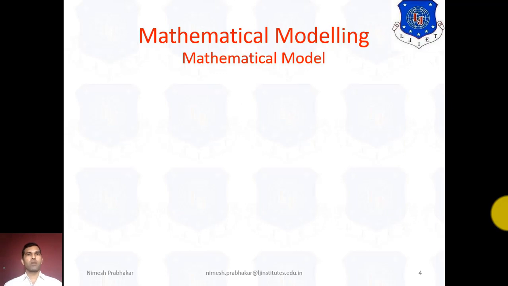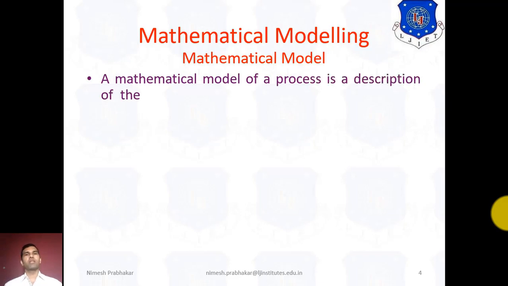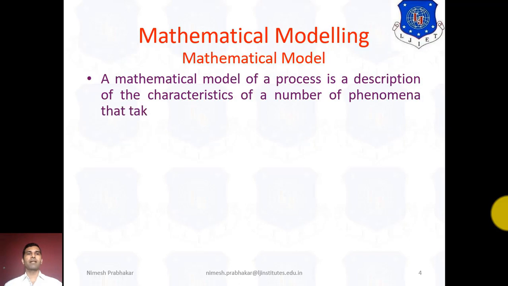The answer is, a mathematical model of a process is a description of the characteristic of a number of phenomena that take place in the process. So this is the definition of a mathematical model.